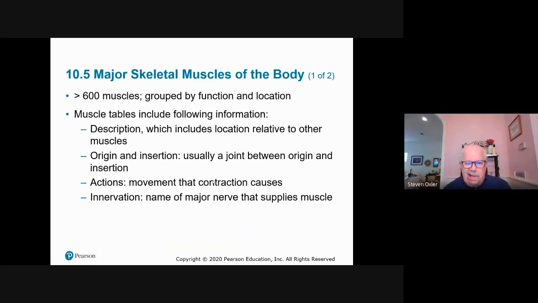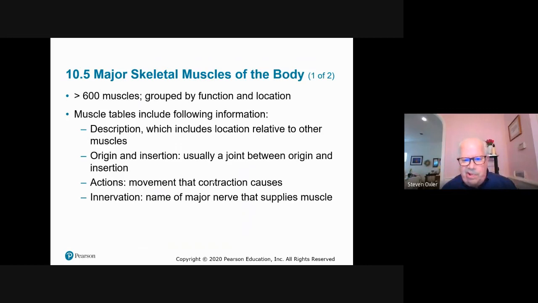On Wednesday, we will go over the muscle chart. It's a chart that shows you the muscle, the function, the innervation, the insertion, and the origin. The only thing I want you to know on that chart is the name of the muscle and its function.